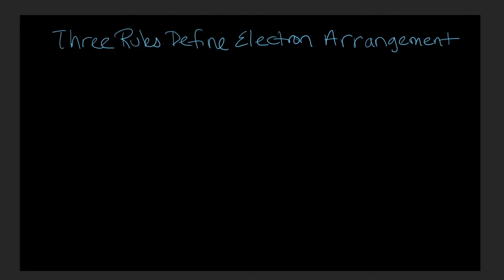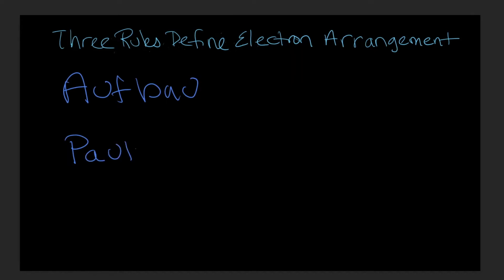There are 3 main rules that define how the electrons are going to arrange within the atom. We will be covering all 3 of these. These include the Aufbau principle, Pauli exclusion principle, and Hund's rule.